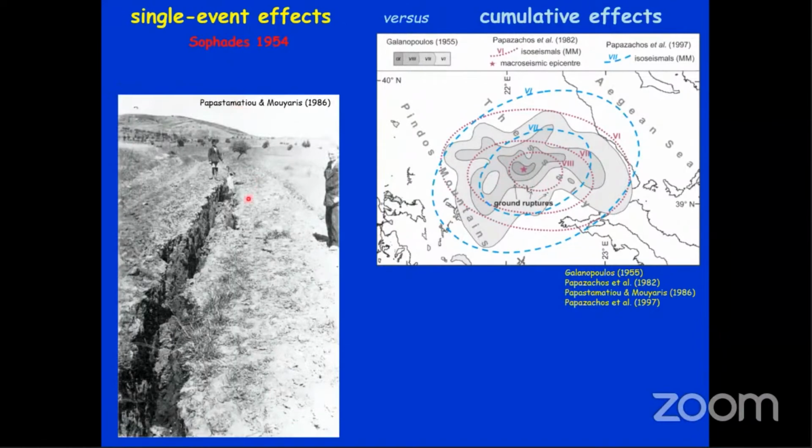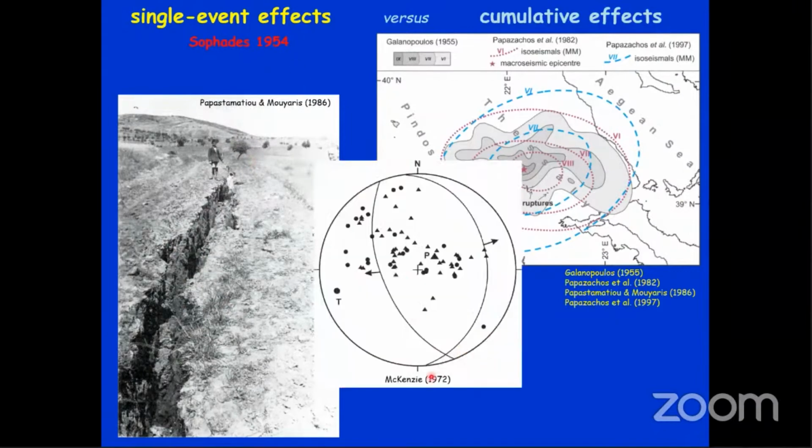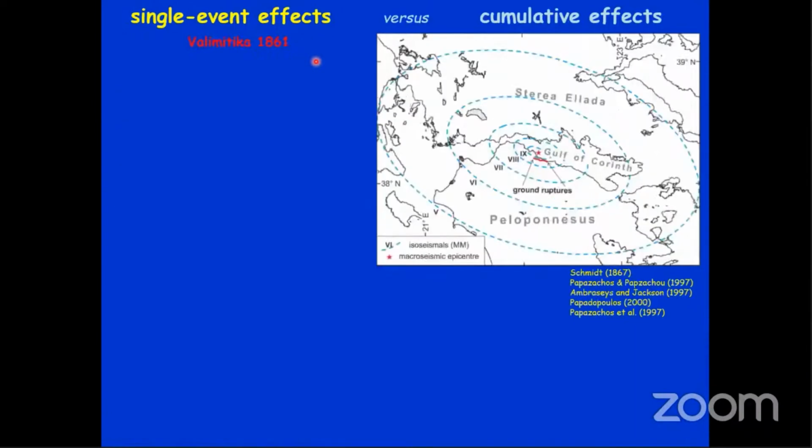Here we also have, in this case, nice, interesting descriptions of field observations, allowing us to document the displacement and the fault trace length. And here we have the first focal mechanism, although obtained 20 years later, still debated and not well constrained, but some focal mechanisms we can get even 50 years ago, more or less. Not much more information for single event effects.